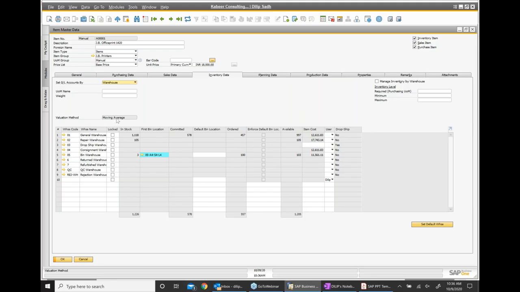So this is the field, valuation method, which we have in the SAP. Okay. So what does this valuation method field do? That is what we are trying to understand.